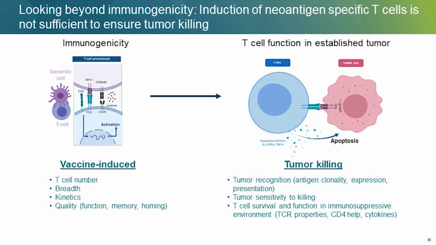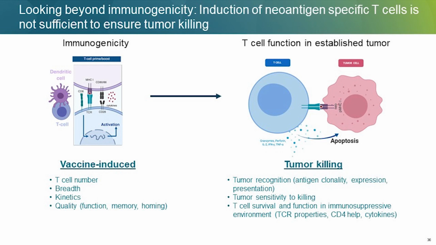So I just want to finish here by presenting some very preliminary data, which I think are really interesting. We wanted to better understand, what is beyond immunogenicity? Is immunogenicity sufficient for tumor killing? So in the context of the vaccine, we can elicit a large number of T cells with a wide breadth.